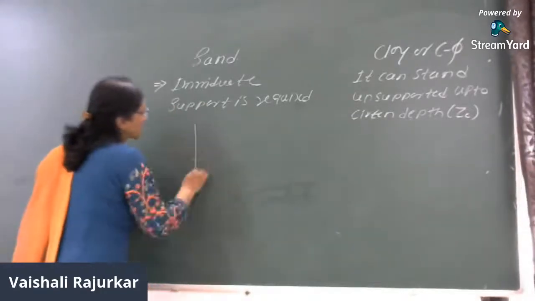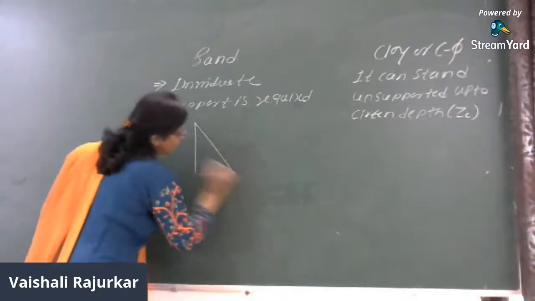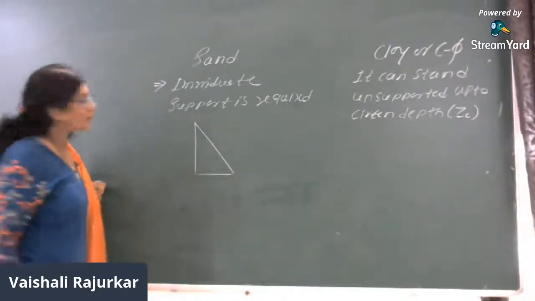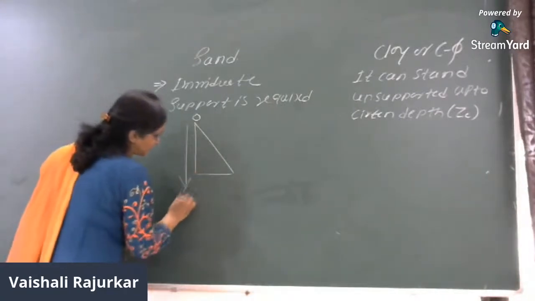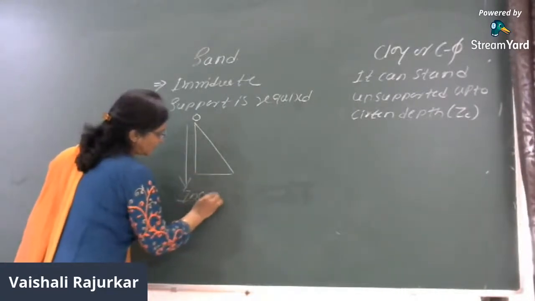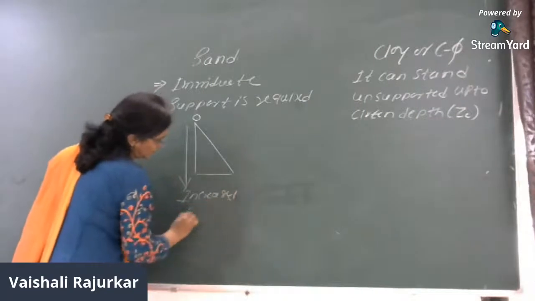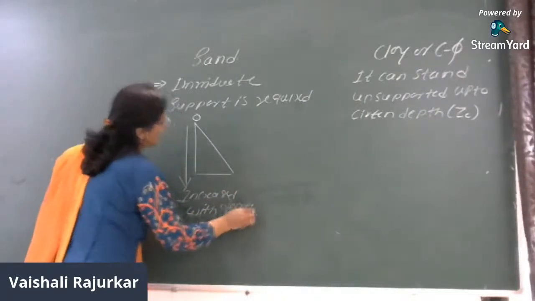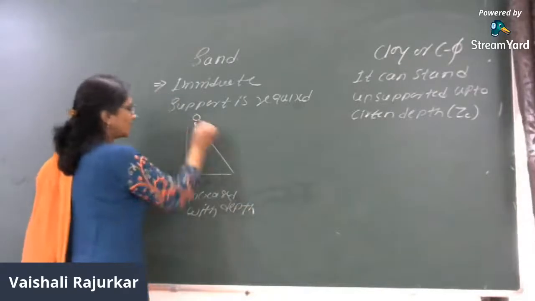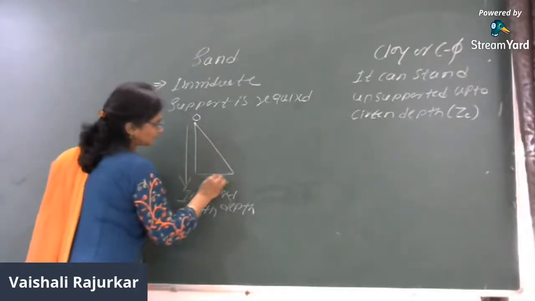Therefore, the pressure is acting from the top itself. It will be zero at the top and increases with the depth. Right? And then here zero at the top, maximum at the bottom.